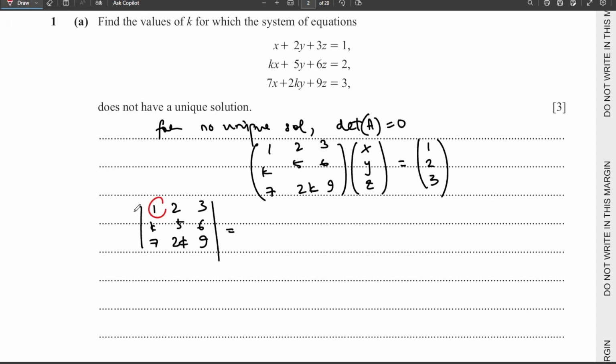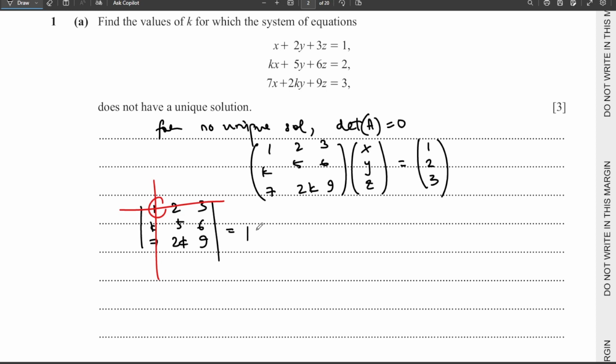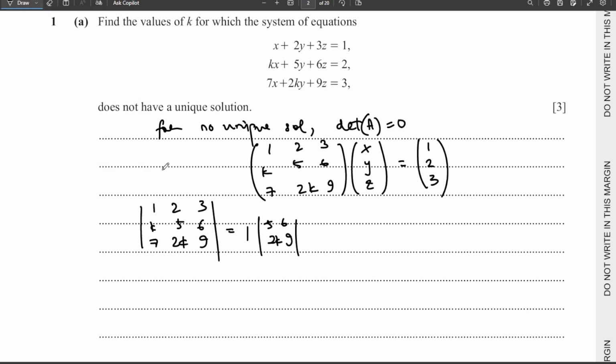We look at the first row, first column. We eliminate this first row and first column, and we take the digit we have selected, which is 1, and multiply by the determinant of the leftover 2x2 matrix. We repeat this for the second column of the first row, which gives the digit 2.